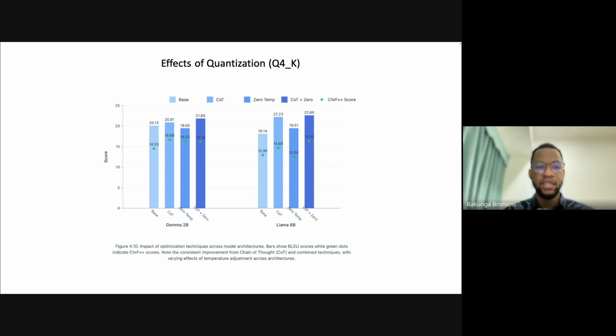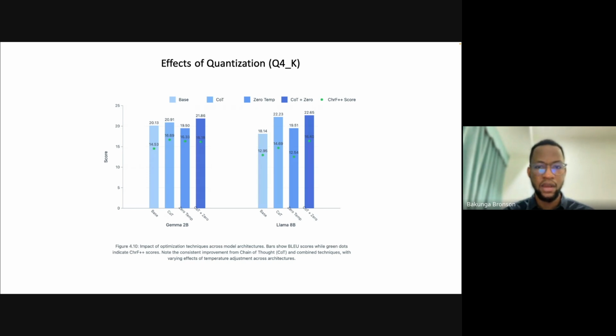So you can see that there is a drop off from what was previously shown, but at the same time, when we start adding different strategies, so for example, when we add chain of thought, you can see that the BLEU score goes up as well as the CHRF score goes up for both models. And then we can see that when you put zero temperature, it sort of varies depending on, I guess, the model, because for the Llama model, it actually just reduces the overall translation quality. In the Gemma model, it sort of did improve it a little bit.